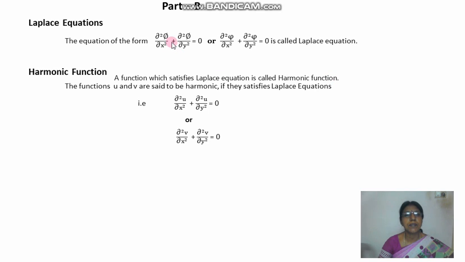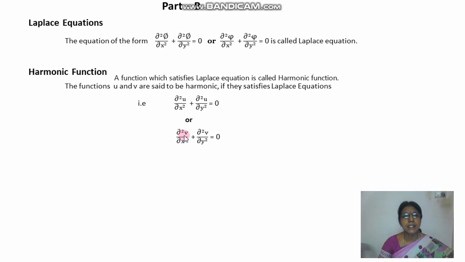This is the Laplace equation, and phi satisfies the Laplace equation. The functions u and v are said to be harmonic if they satisfy Laplace equation: ∂²u/∂x² + ∂²u/∂y² = 0. So u satisfies Laplace equation, so u is harmonic.